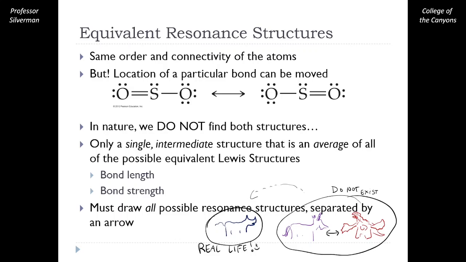Our plan for these resonance structures: if you have double bonds that you could put in multiple good places, let's draw every possible combination and separate them with double-sided arrows. This shows that all of these are equally good possibilities, and what actually shows up in real life is some mathematical average of those things that we drew.